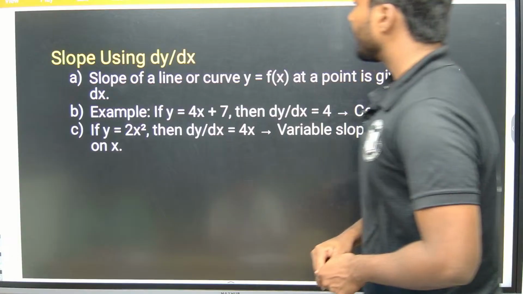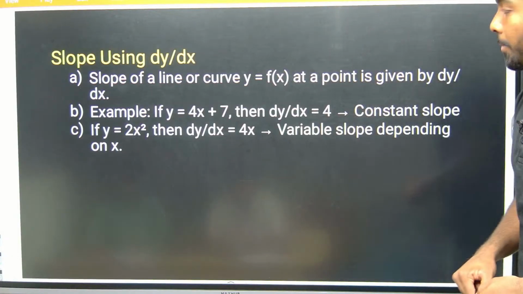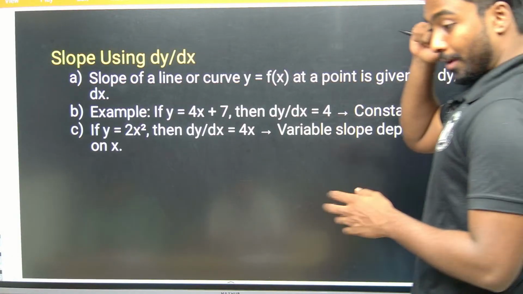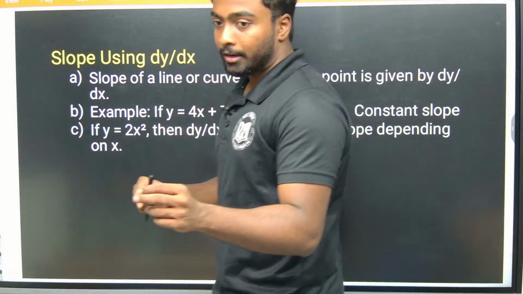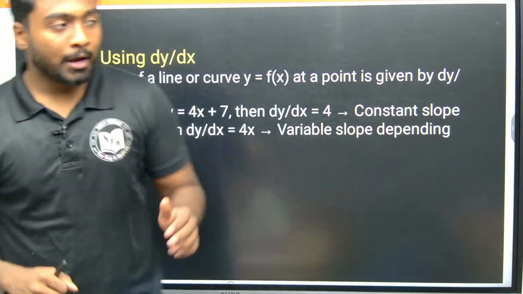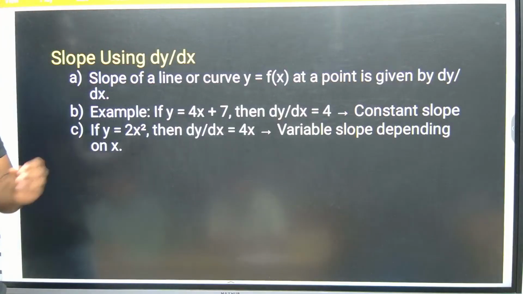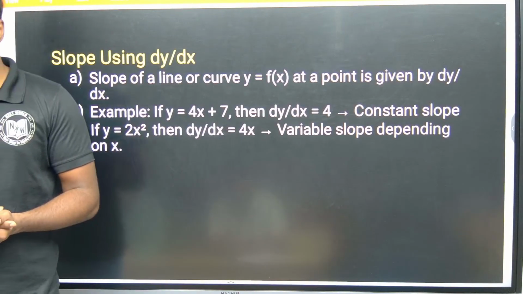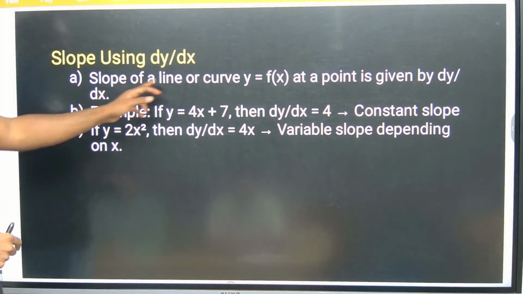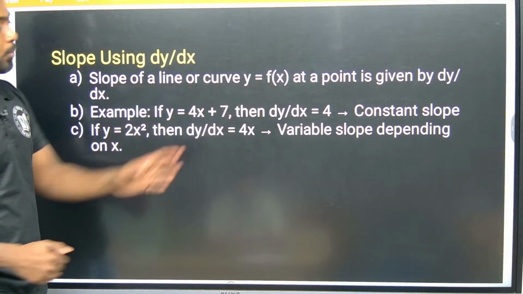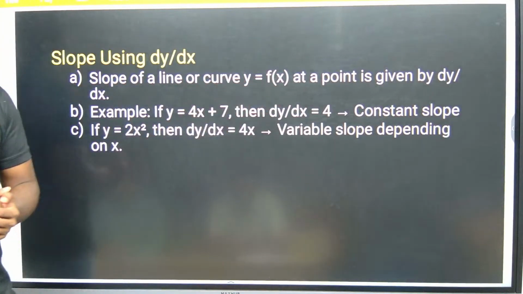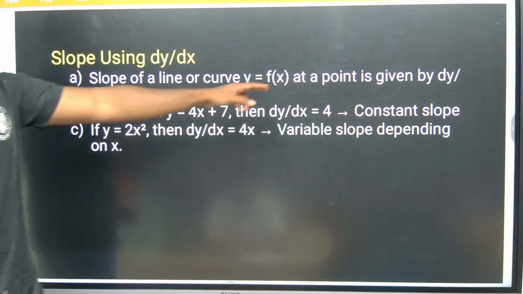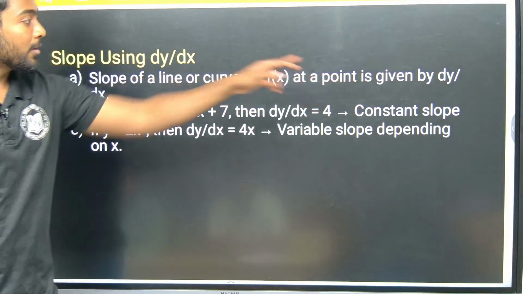Slope using dy by dx. Till now we have seen slope is nothing but tan theta. And one more method is, if the equation is given, the slope of a line or a curve y equals f of x, a function of x, at a point is given by dy by dx.